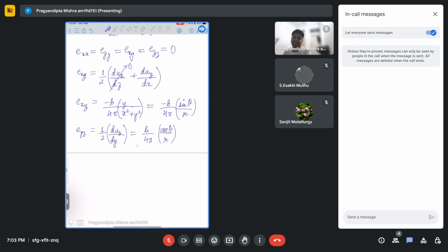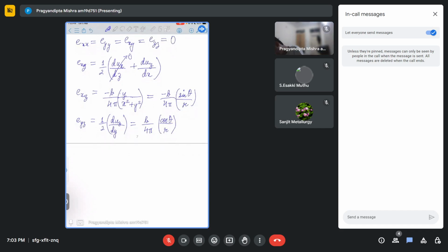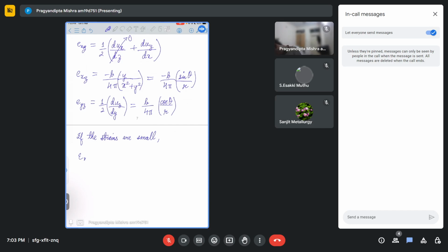Now these are engineering strains, but how do we find true strains from here? Let us assume that the strain that has gone into forming this distance is very, very small. If the strain values are very, very small, then my epsilon xz is equal to Exz, and my epsilon yz is equal to Eyz.